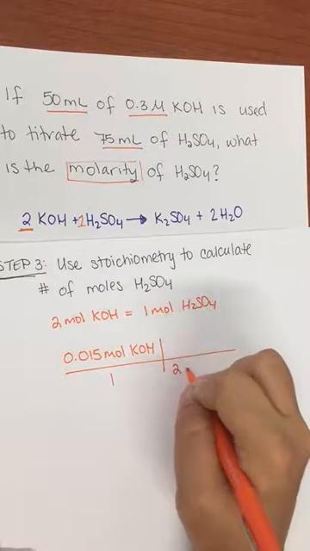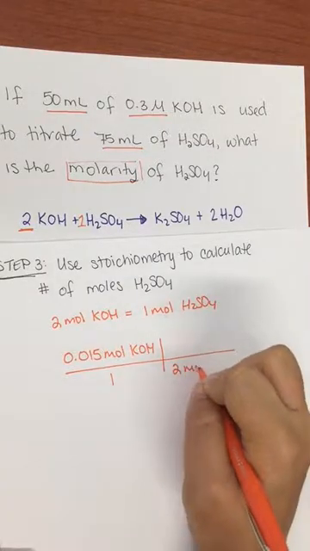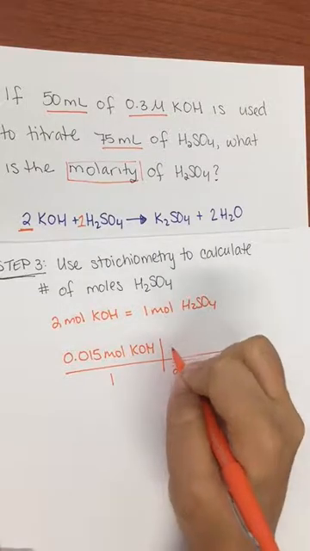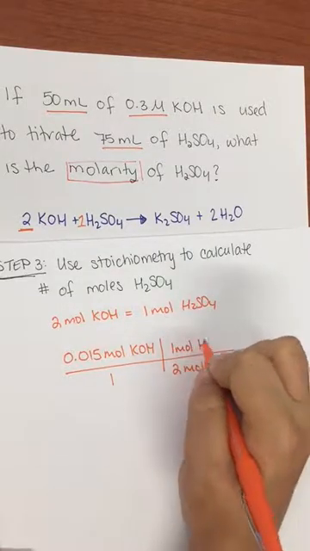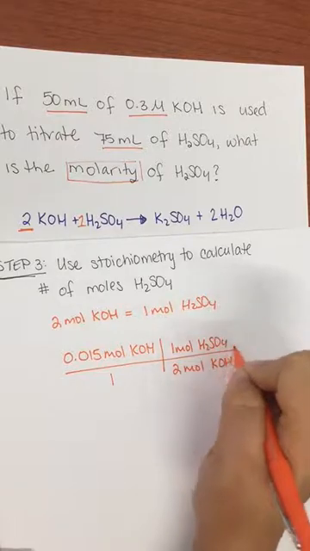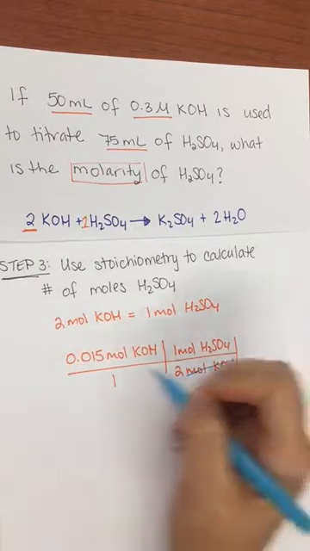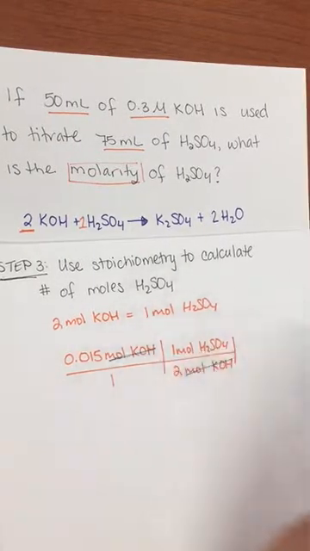So I have 2 mole KOH on the bottom, 1 mole H2SO4 on top. This way, mole KOH divides out.